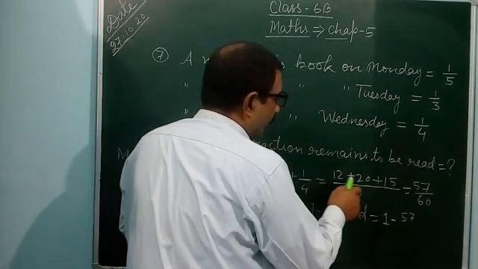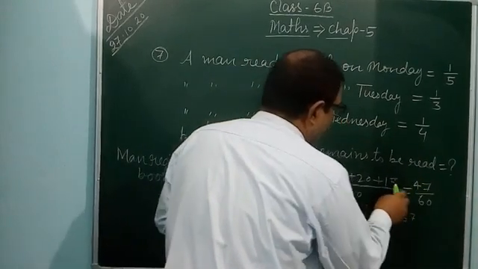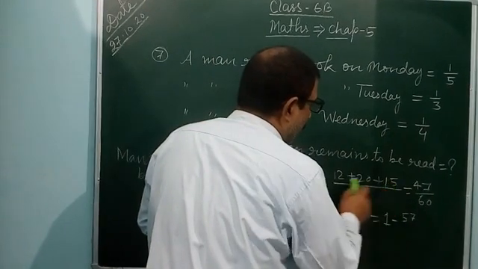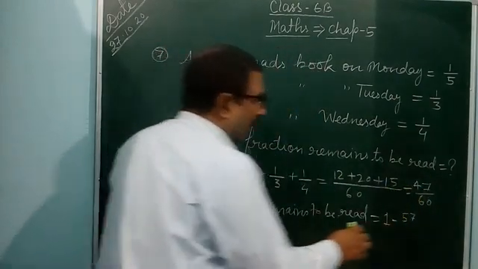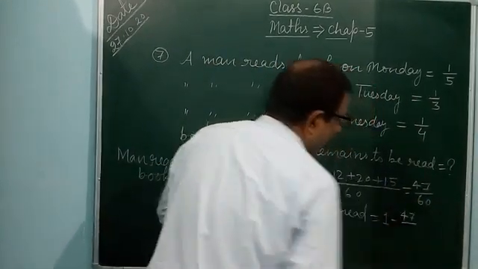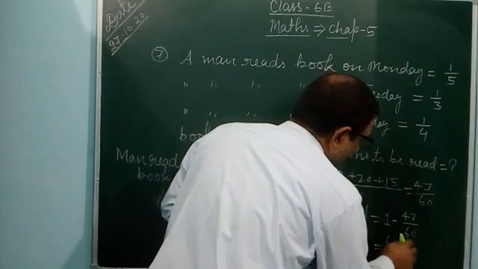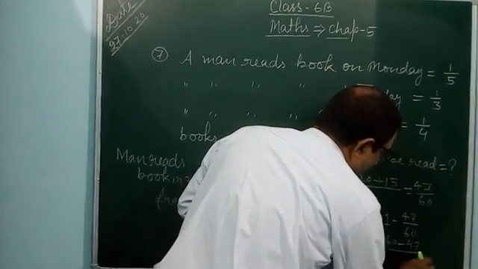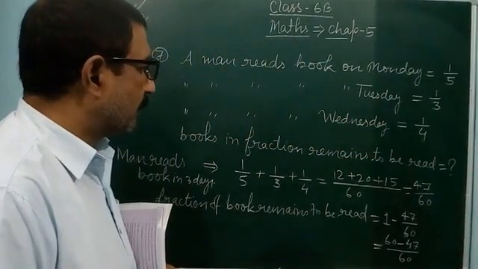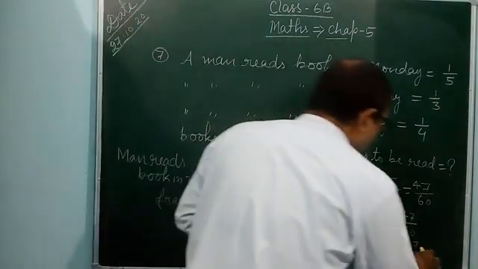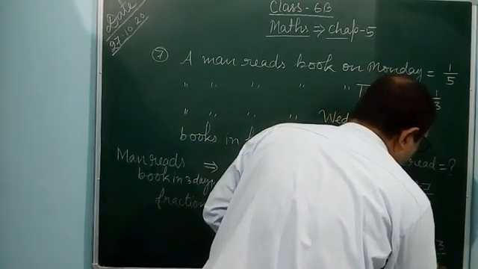The LCM is 60, so 60 minus 47 by 60. So you subtract: 60 minus 47 is 13.